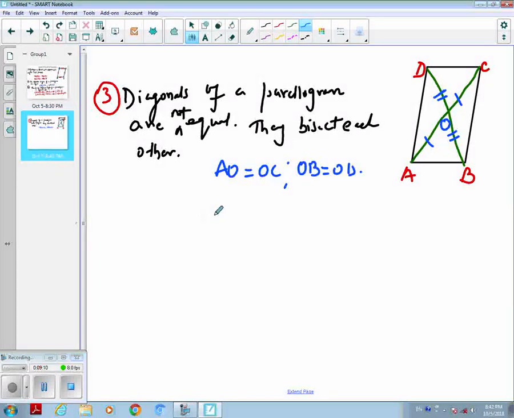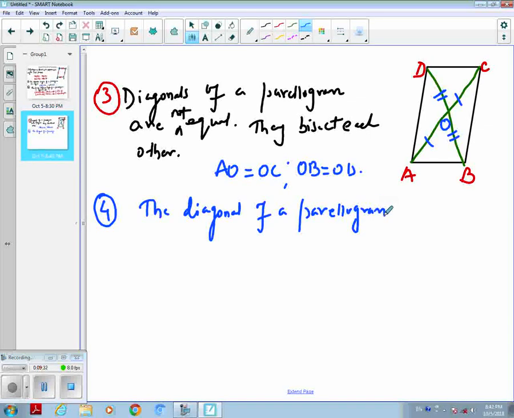Now we come to the fourth property. The diagonal of a parallelogram divides it into two congruent triangles.